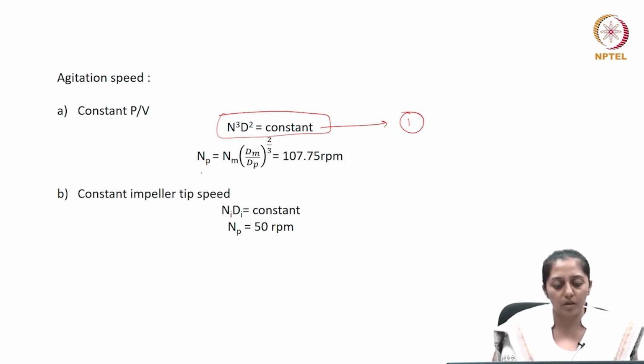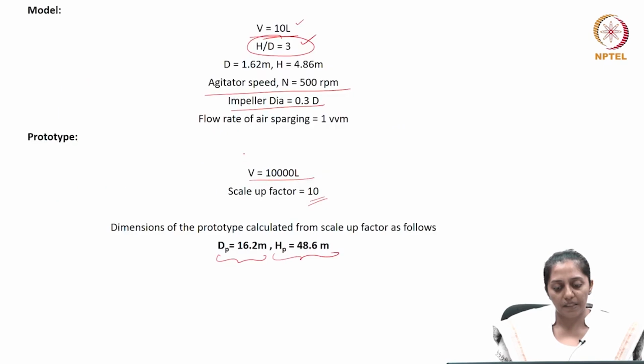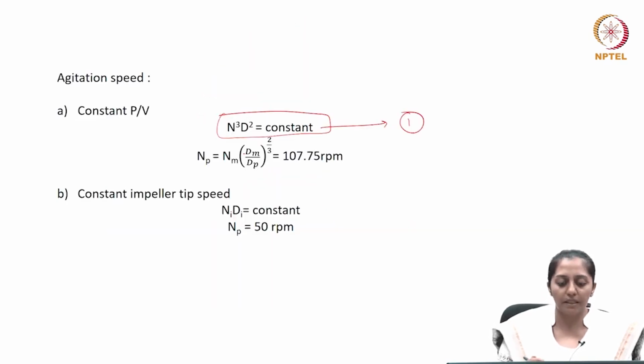So, if this is constant, then for the prototype, if the impeller speed is to be calculated, we know the ratio of the diameters of the impellers, which is the linear ratios of the tank remains the same. So, there is a factor of 10 and the impeller speed is 500 RPM. So, we can calculate the impeller speed at the prototype.